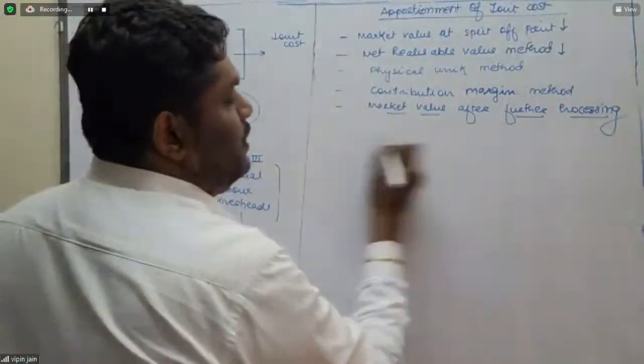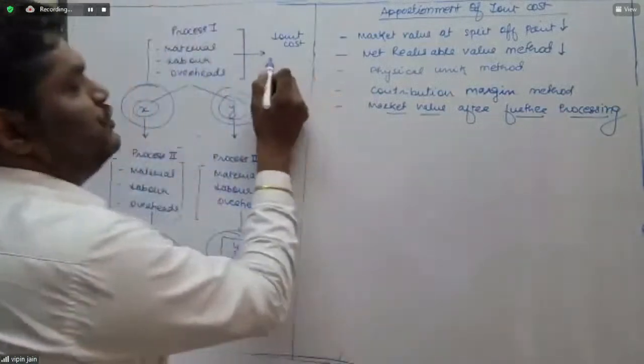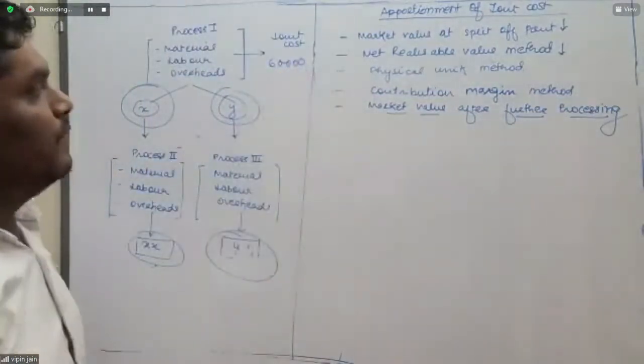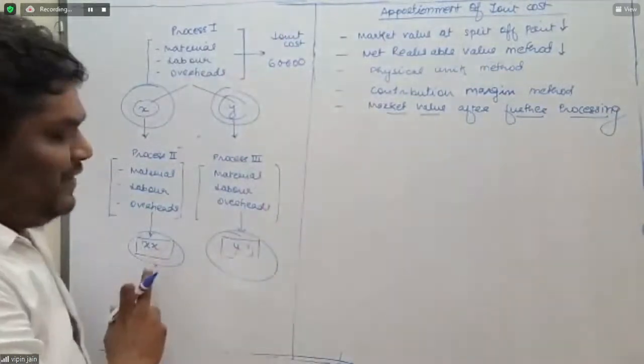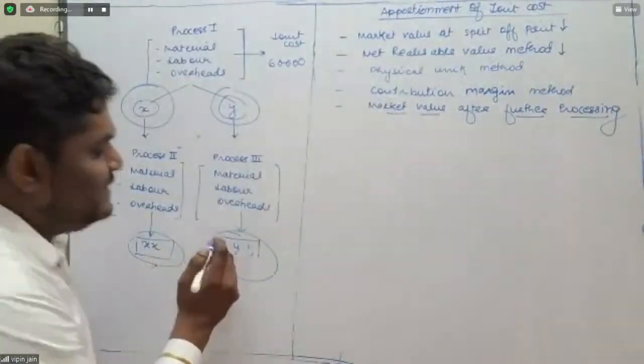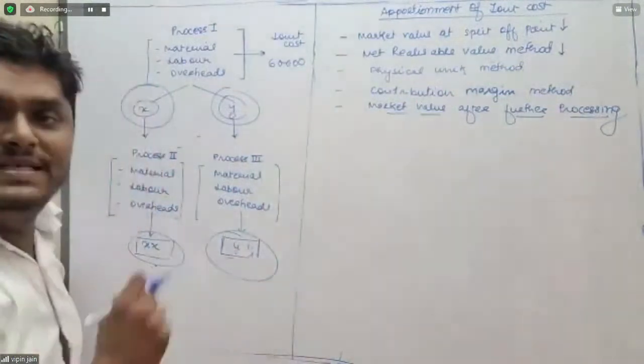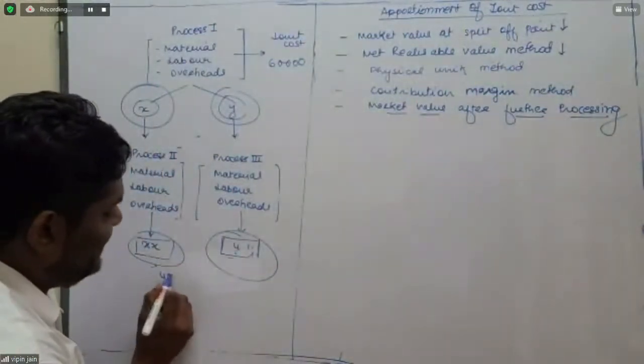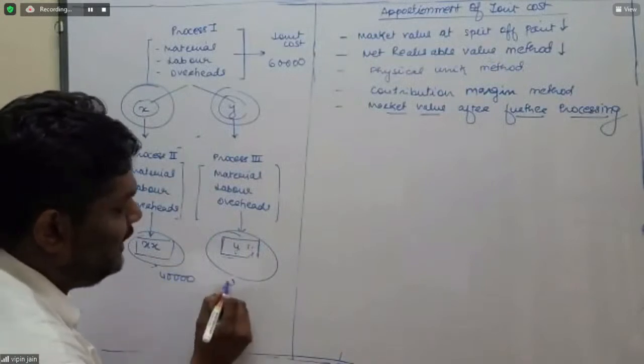Let's say the joint cost is 60,000. Now, of double X and double Y, let's say some units were manufactured and they can be sold in the market at the rate, let's say, 40,000 and 20,000.